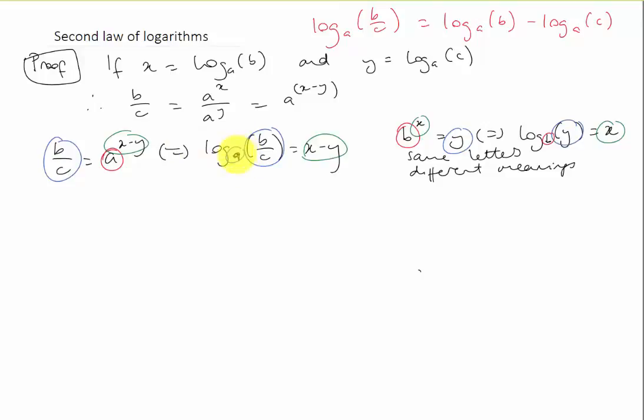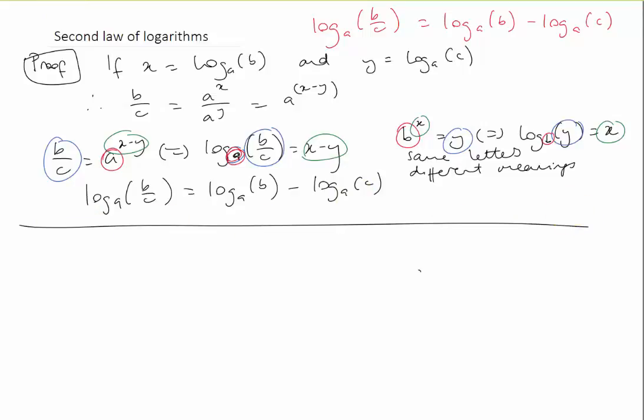Oops, should be red. Okay, so that tells us that the log in base a of b over c is equal to, here, x is log a of b, so that's log a of b, minus y, which is log a of c. So it's quite similar to the previous one we looked at.